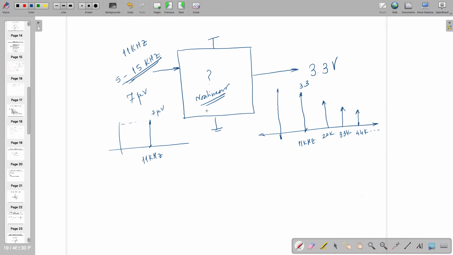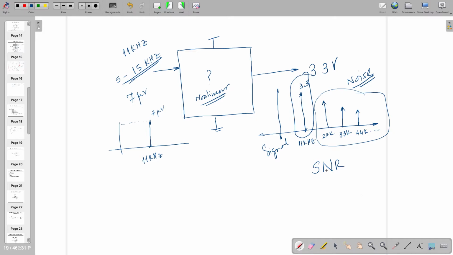Because it's passing through this non-linear circuit, you are going to have so many beams of the signals. So this basically tells you what will be the signal to noise ratio. This floor is known as noise and this is known as signal.